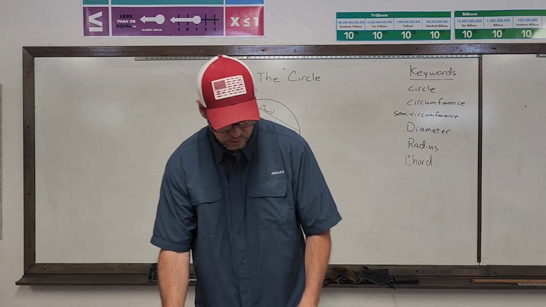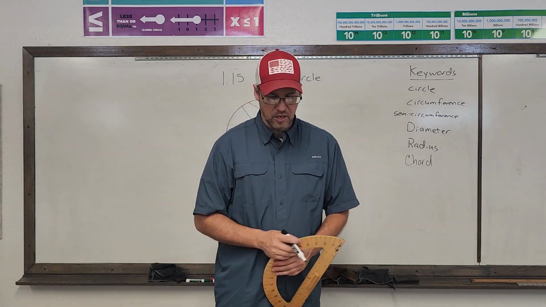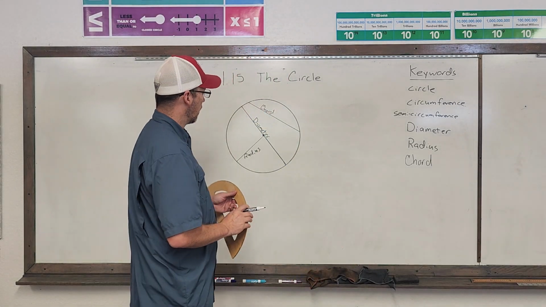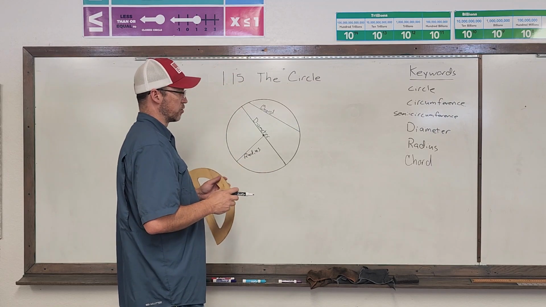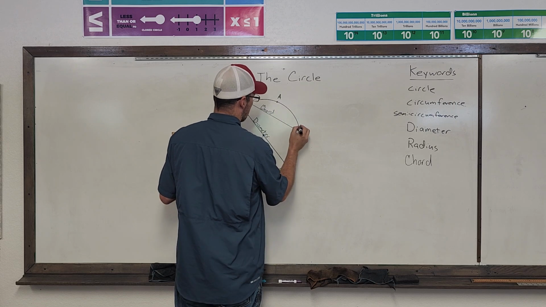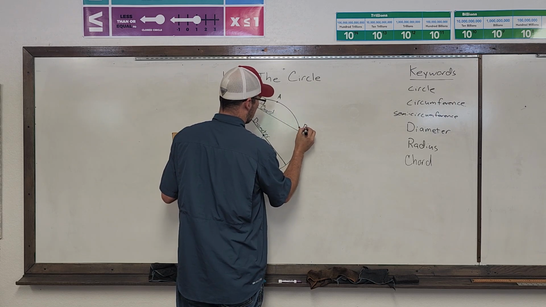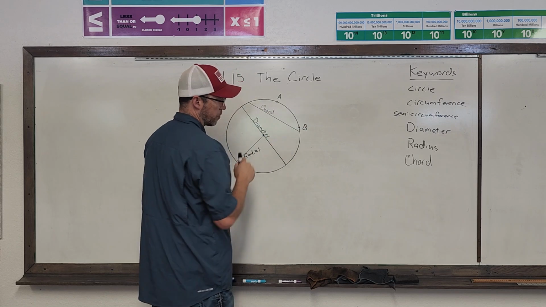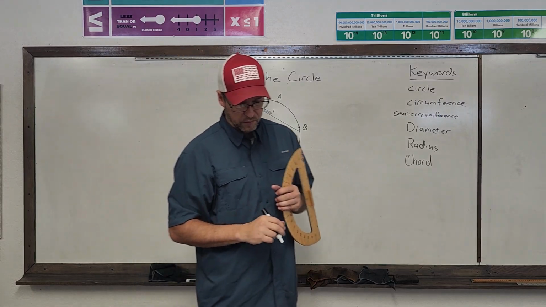An arc is any portion of a circle, so it's part of the circumference. So maybe I have point A to point B, from here to here, that would be an arc. It's a length of the circle.